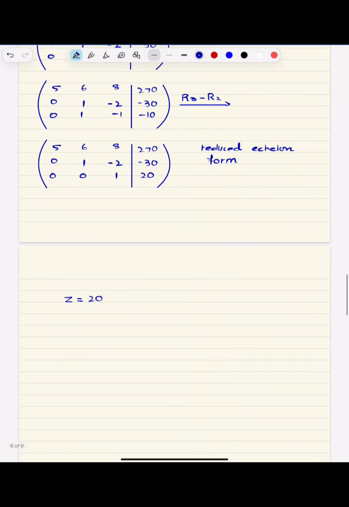The second row tells us that y minus 2z is equal to minus 30. So therefore y is equal to minus 30 plus 2z. We just found out the value of z, which is 20. So this becomes minus 30 plus 40, so we have a 10 here. And then we have the value of x. We have 5x plus 6y plus 8z is equal to 270.